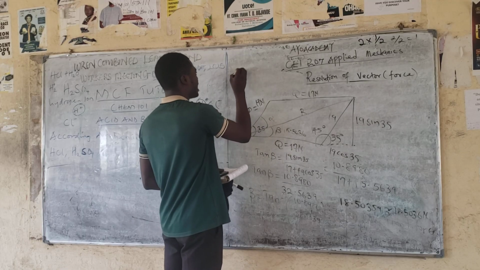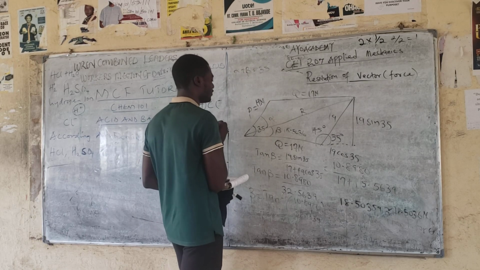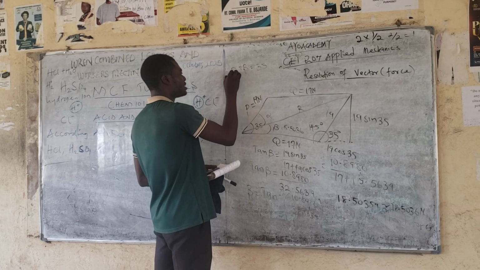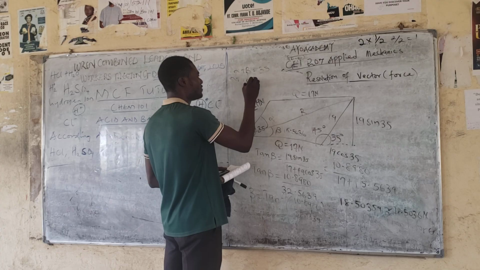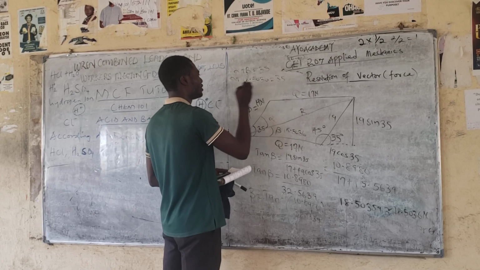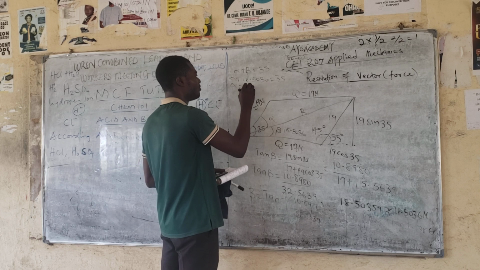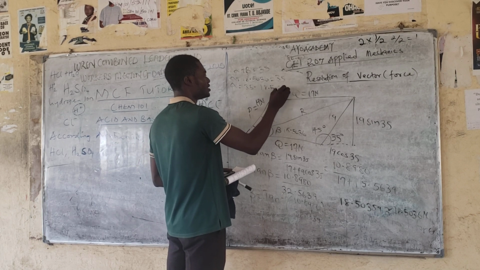So everything here, alpha plus beta, must give us 35. But we've obtained beta to be 18.5036. So you can put it to the back of 35, becoming minus. So 35 minus 18.5036.